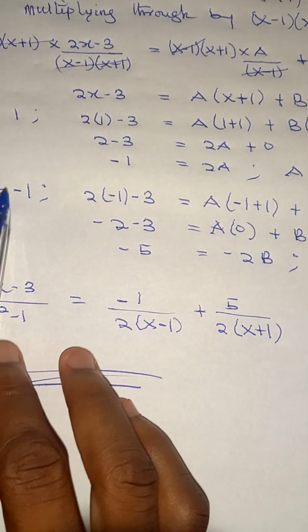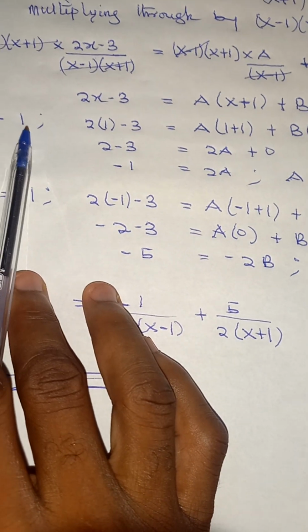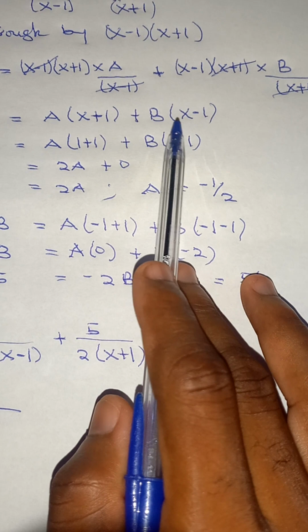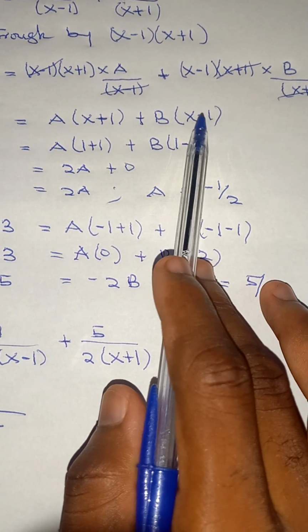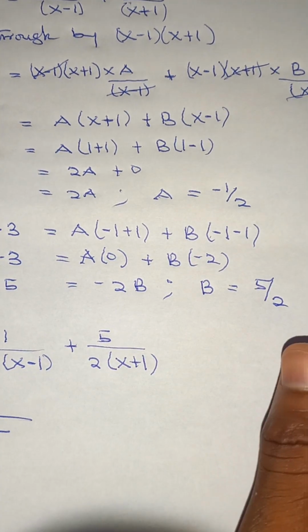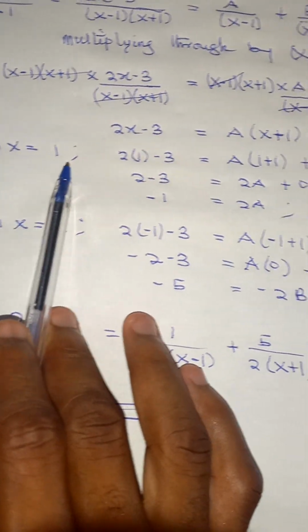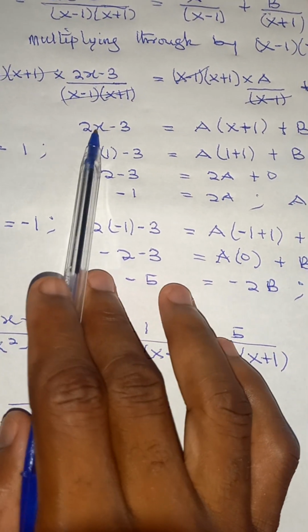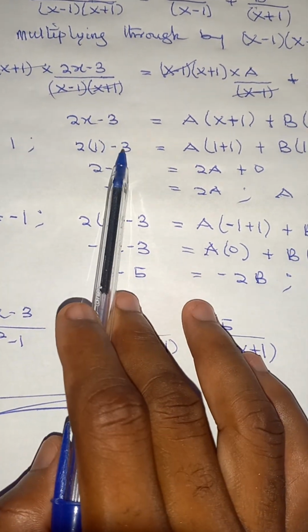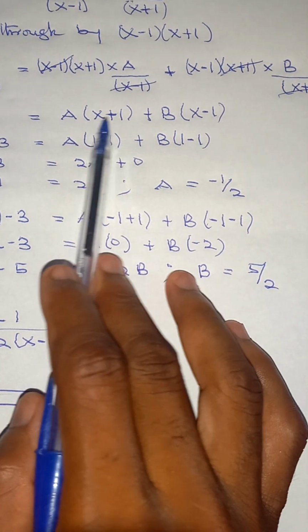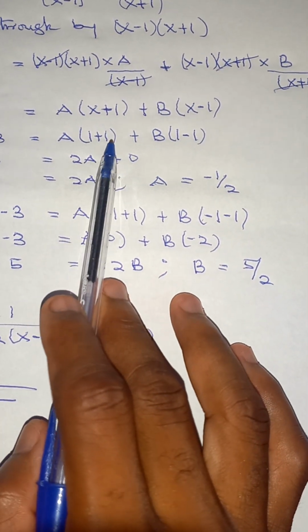Okay. Now, this is what I'm going to do. I'm going to let x be positive 1. And I am making x positive 1 because I want to get rid of b. If x is positive 1, 1 minus 1 will give me 0. 0 times b will get rid of b. So I am intentionally letting x be 1. So when x is equal to 1, at the left side, I'm going to get 2 times 1 minus 3. Then at the right side, I'm going to have a multiplying, I'm replacing the x with 1, so 1 plus 1.